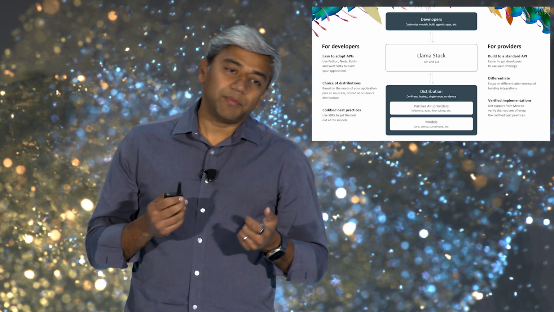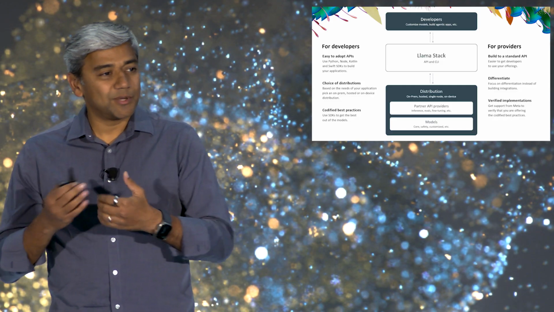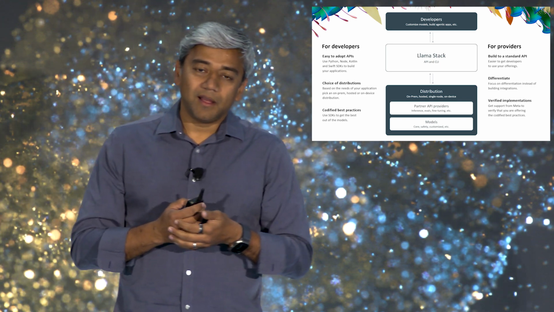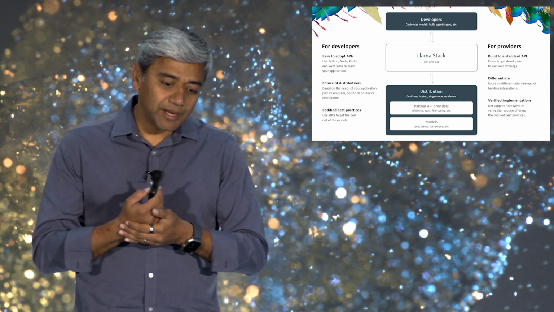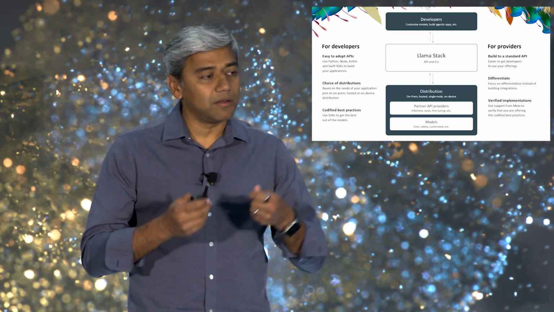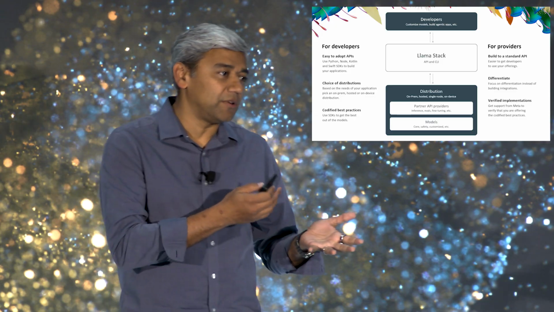And for providers, because they're building to a standard, they don't really have to worry that much about having to integrate with a bunch of other tools that are out there. And a lot of the capabilities that the ecosystem provides, it's really critical. But at the same time, certain providers may find that that is not where they would like to differentiate.